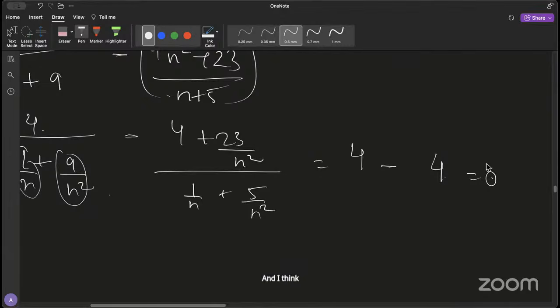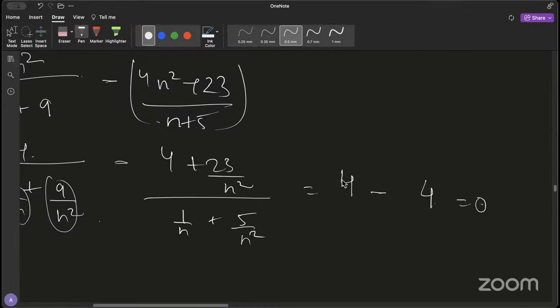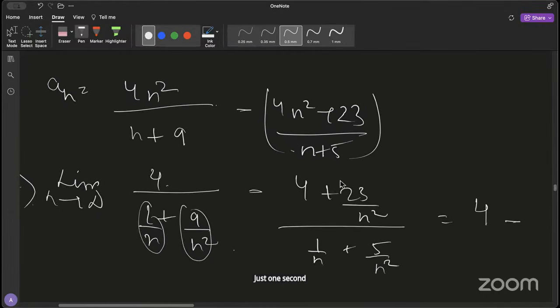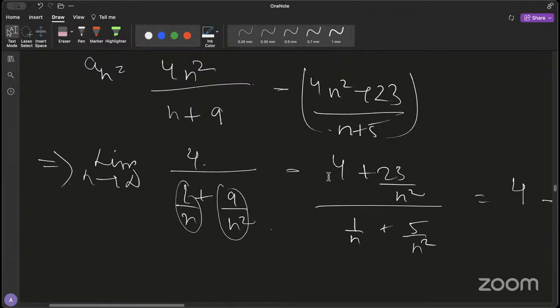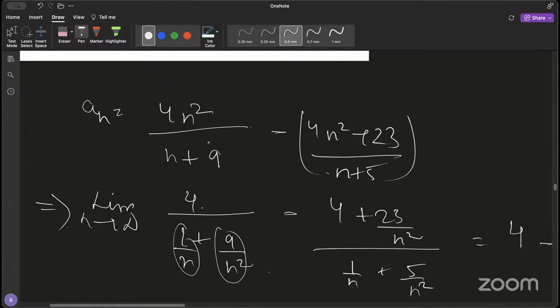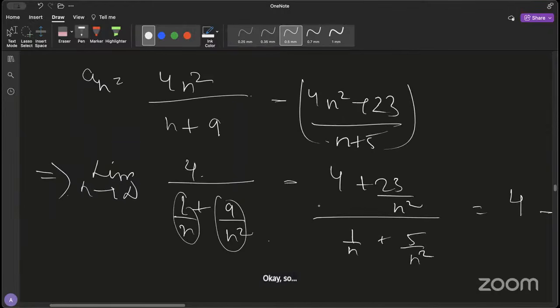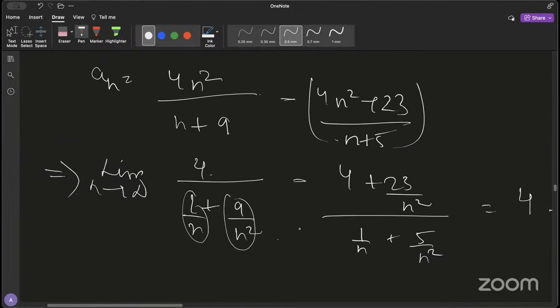And I think, just 1 second. Okay, so here there comes the 4 by infinity minus 4 by infinity.